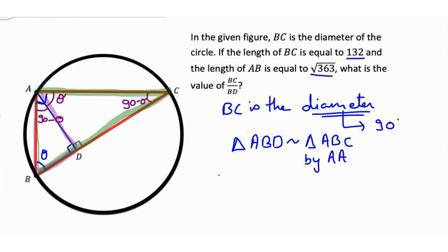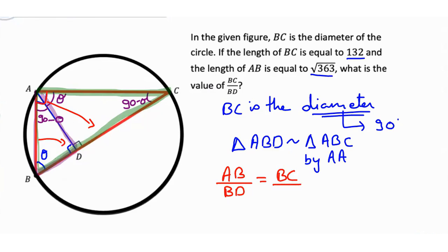So let's take a side AB from the small triangle and a side BD from the small triangle. Now we'll see the angle opposite to them. In this triangle, AB has 90 degree opposite to it. So the corresponding side in the bigger triangle will be whatever side is opposite to 90 here, that is BC. The whole triangle we are taking, so we'll take the whole side BC.